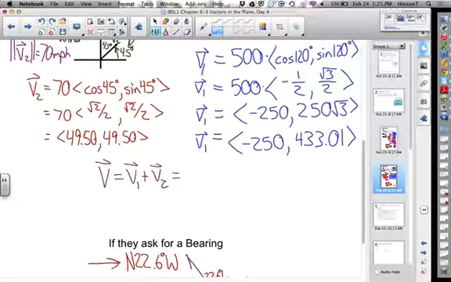So that would be 49.5 minus 250, so that's negative 200.5. And then we have 49.5 plus 433.01, so that would be 482.51.